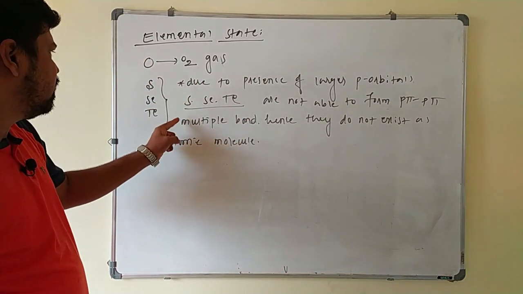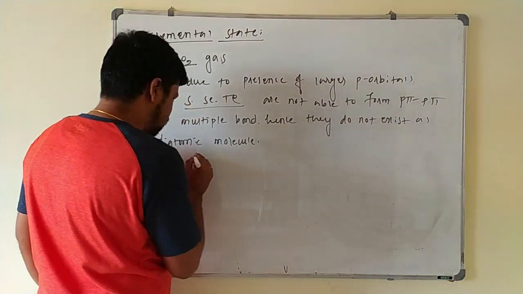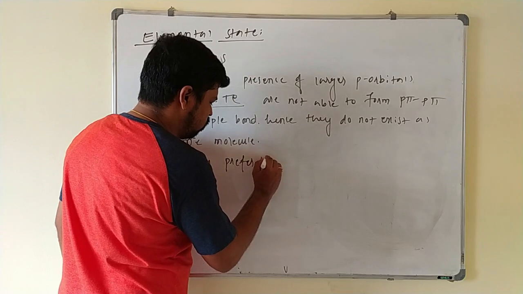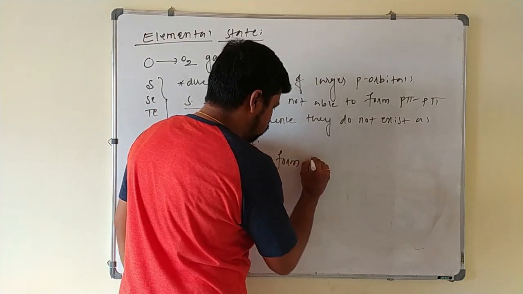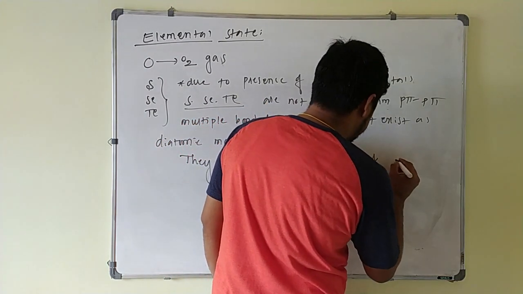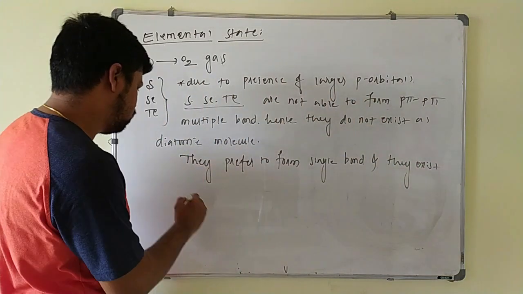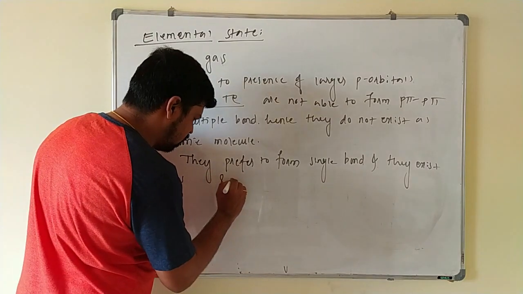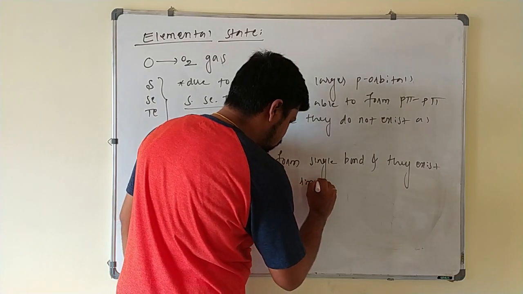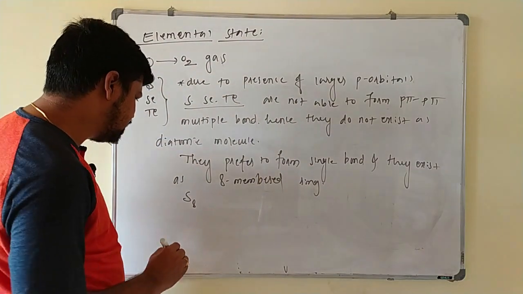Okay, instead of that they prefer to form a single bond and they exist as 8-membered ring. 8-membered ring here, like sulfur exists as octatomic molecule, that is S8.